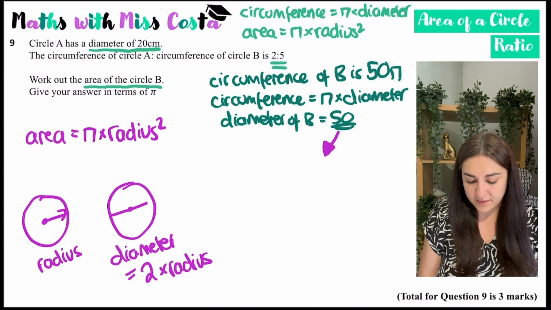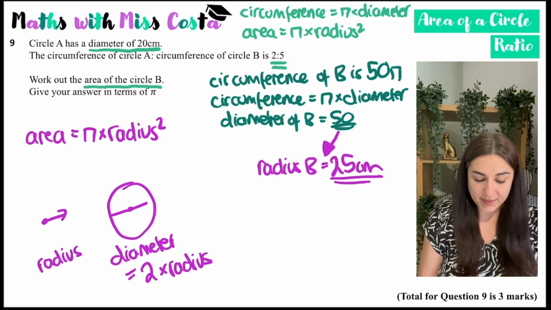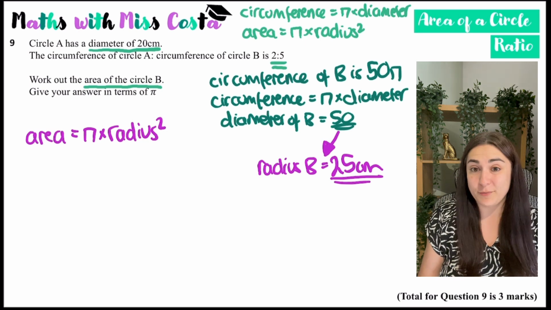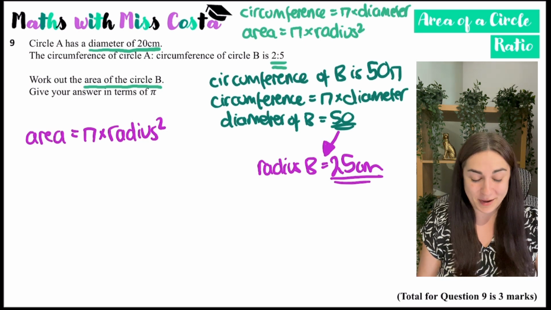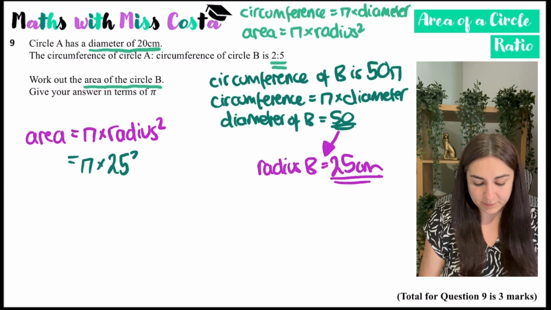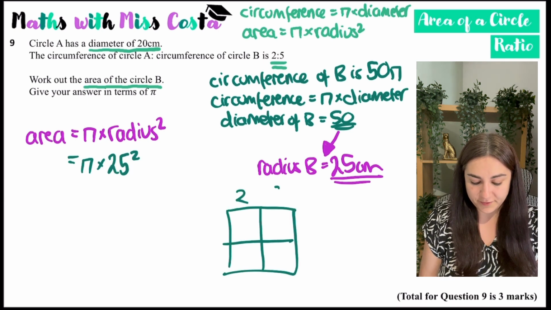So now that I know that the diameter is 50, I know that the radius of circle B is going to be 25 centimetres. So I can use that in my formula and find the area, and I leave my answer in terms of pi, so I don't need to worry about pi. So what am I going to have to do? I'm going to have to do pi times by 25 squared. So really quickly, 25 times by 25, you can multiply this however you like.